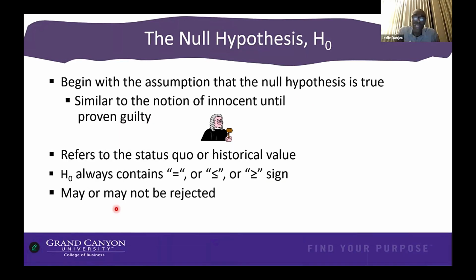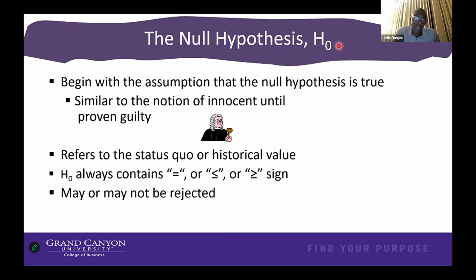In the null hypothesis, begin with the assumption that the null is true. It is the status quo. It is what the historical data is saying. Similar to the notion of innocence until proven guilty, the null hypothesis is the status quo. It is the historical data, what we believe to be true.